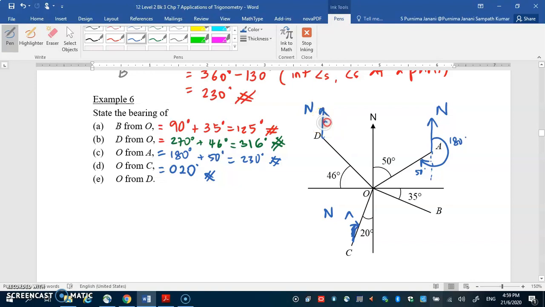And then O from D. At D I draw my north, and then I have to go to O, which is line OD. Hit line OD, so clockwise this way. I want to find this angle here. So how do I do that? I realize if I draw a horizontal line, this is 90, and then this will be 46.